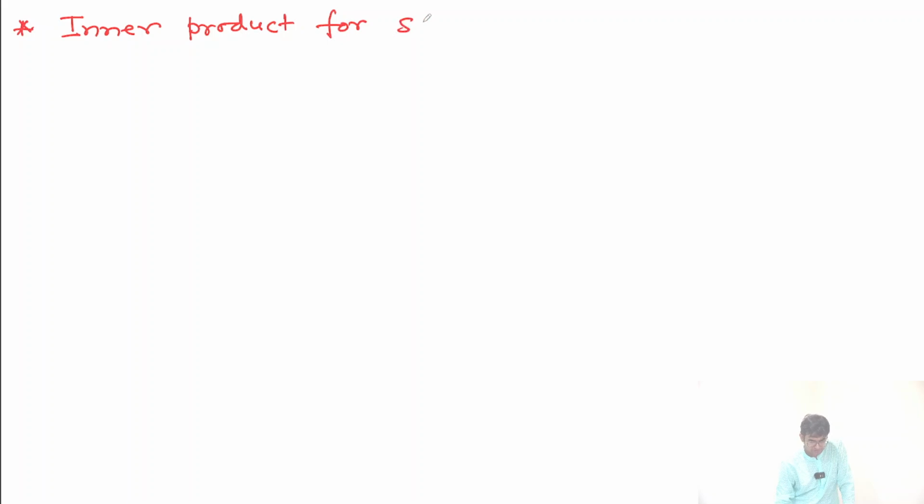So can someone define for me what is inner product? Dot product is not inner product. We are in a functional space. We are talking about functions. Now think. Inner product for square integrable functions. You can see in the title itself I am writing for functions.